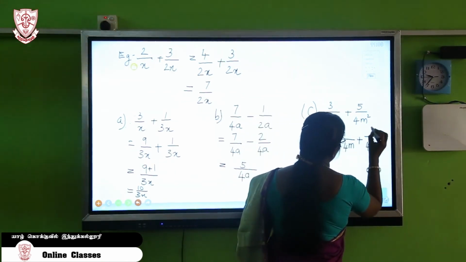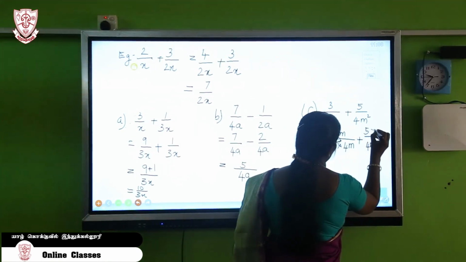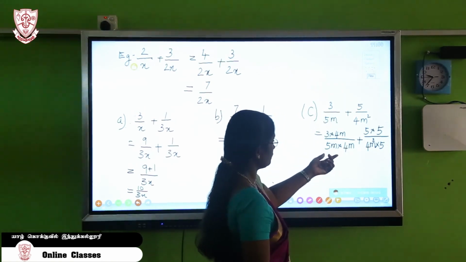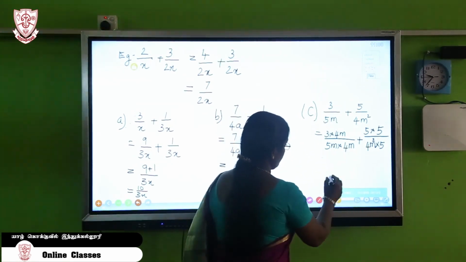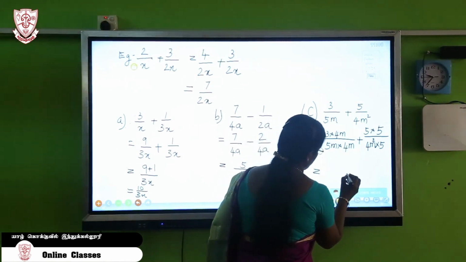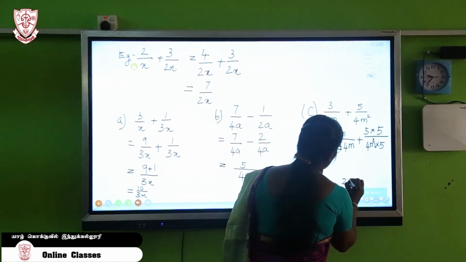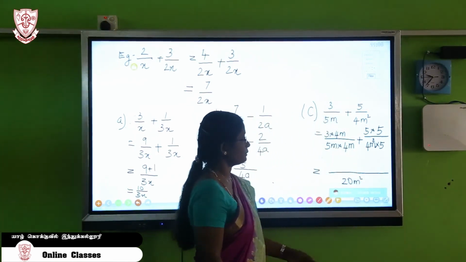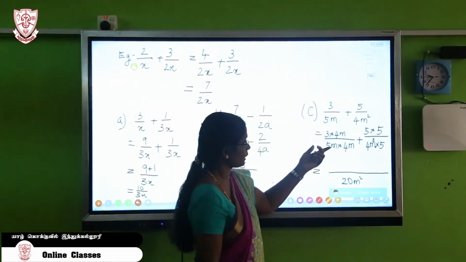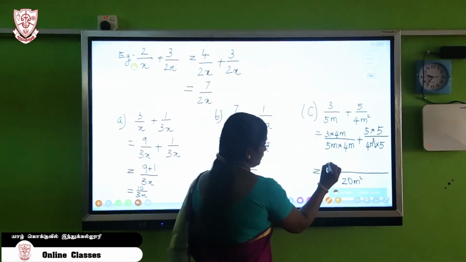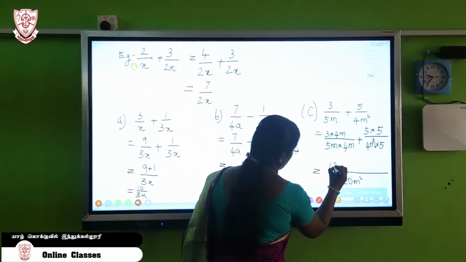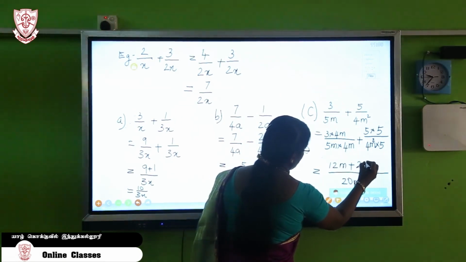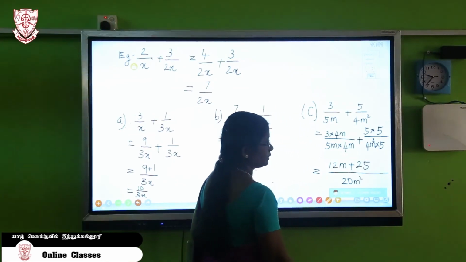The numerator is also multiplied by 5 to get the equal denominator. So 20n square is the same equal denominator, and then simplify the numerator. Here 12n plus 25. So this is the answer.